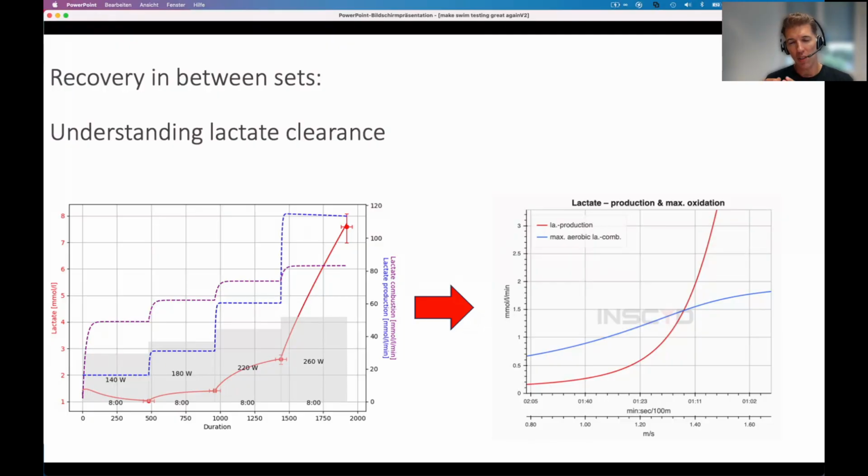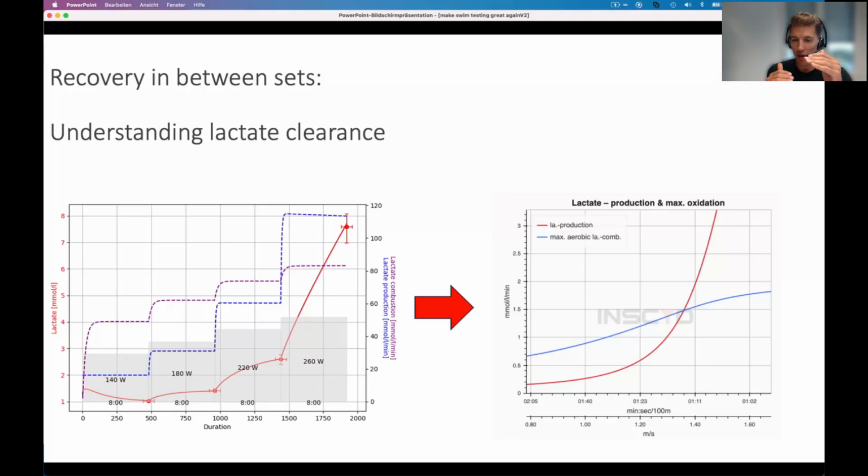And now what is interesting is to look at the gap, the difference between the blue curve and the red curve. The blue curve is the ability of the athlete to combust lactate. You see millimoles per minute on the y-axis, right? So it's not a concentration. That's the ability of the athlete to combust lactate. And the red one shows you the gross production.